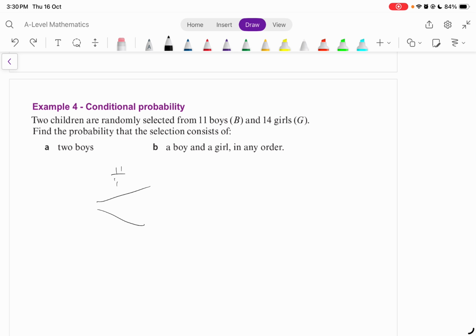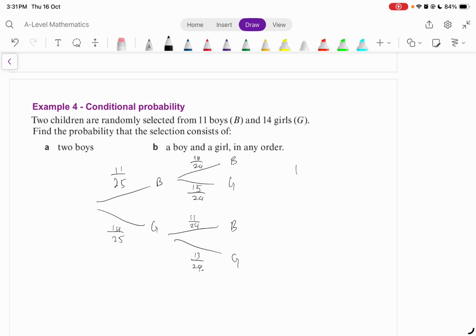Oh, okay. I was like thinking, why isn't it? Okay. B, G, and since it's not replacing it, B, G, 10 over 24, 15 over 24. 11 over 24, 13 over 24.